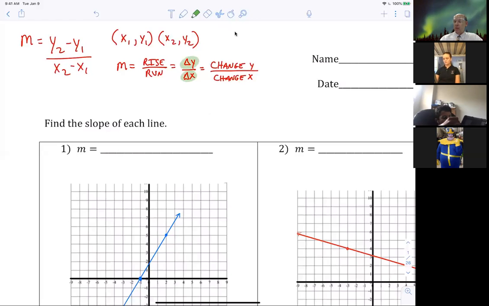Now, the other thing we're going to have to review for this section is y equals mx plus b. For y equals mx plus b, who remembers what that form is? Not point slope, but slope intercept. That is correct. That is called the slope intercept.